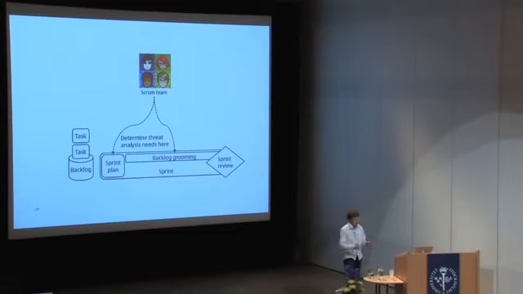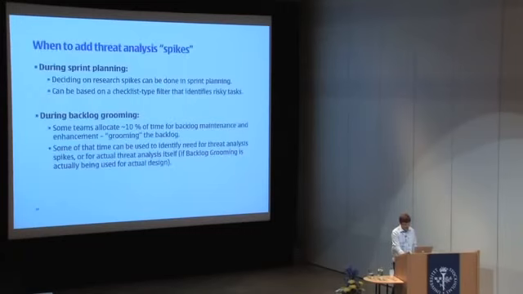So you will have a look at the product backlog items that you have and which you are going to be implementing in future sprints, not in the sprint which is currently underway. And you try to massage those tasks so that they are better. And so backlog grooming would be another place where you could actually identify those tasks that need threat analysis and then add the new ones.